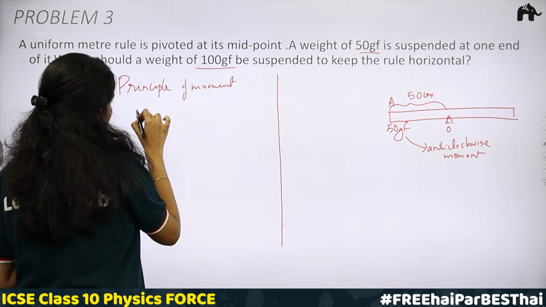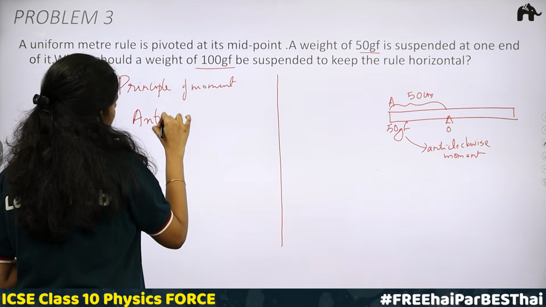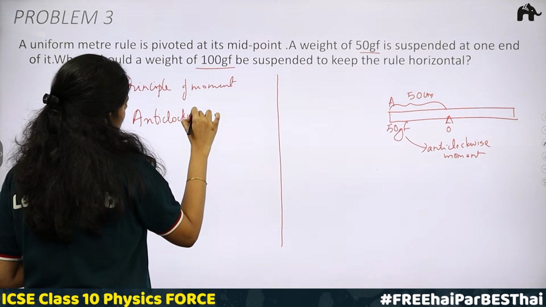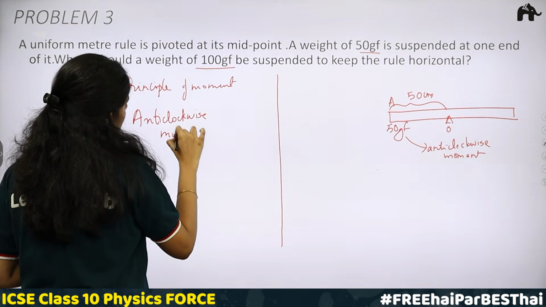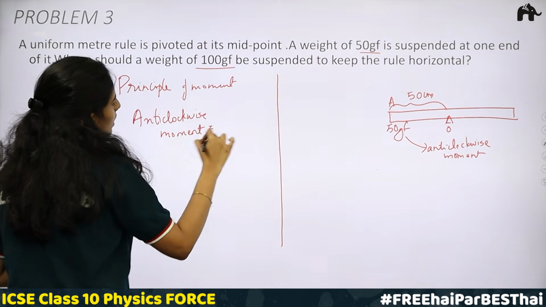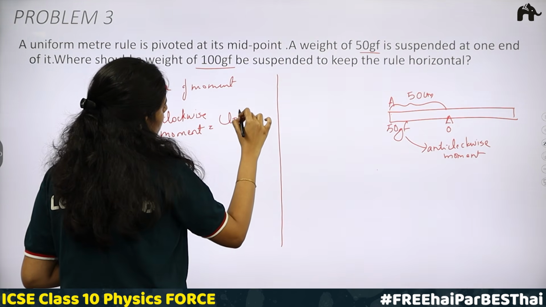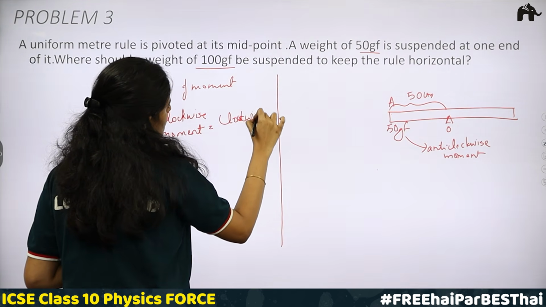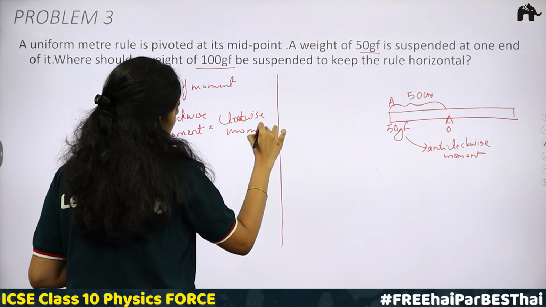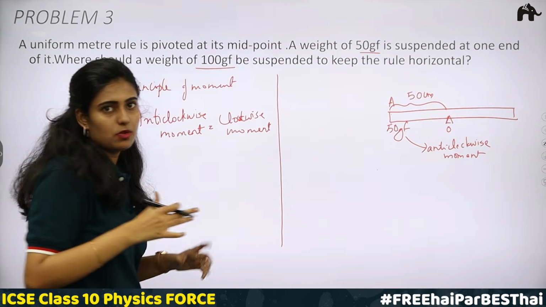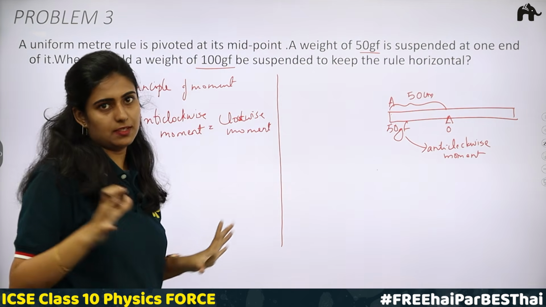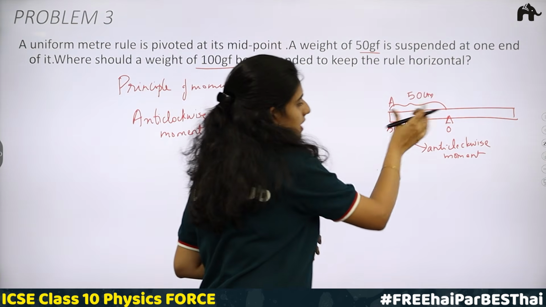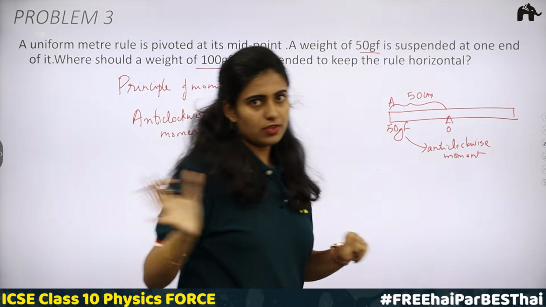we have the sum of anti-clockwise moment equal to the sum of clockwise moment. Anti-clockwise moment sum will be equal to clockwise moment sum. Here 50 GF is producing an anti-clockwise moment.